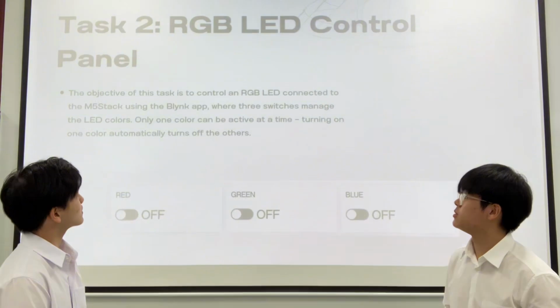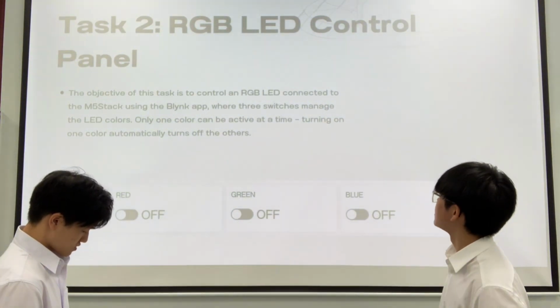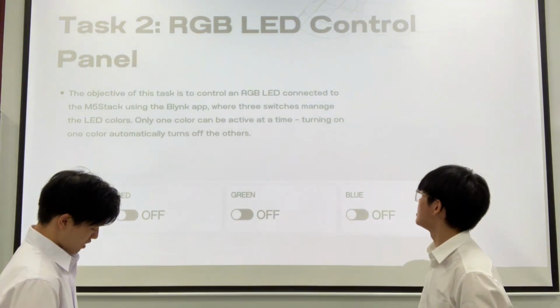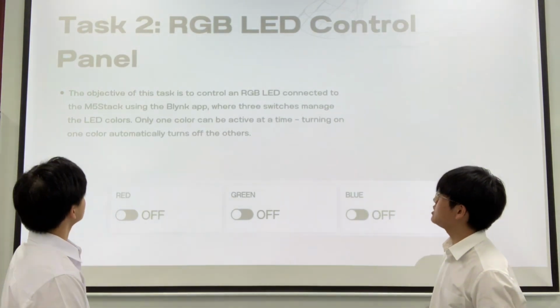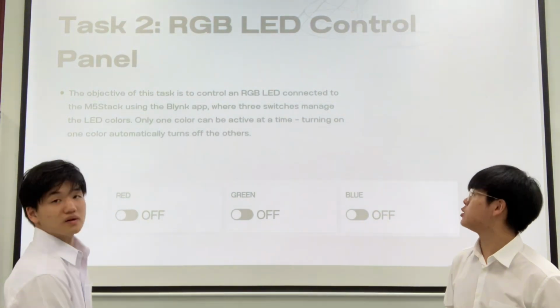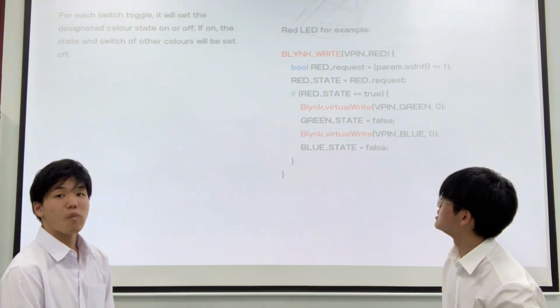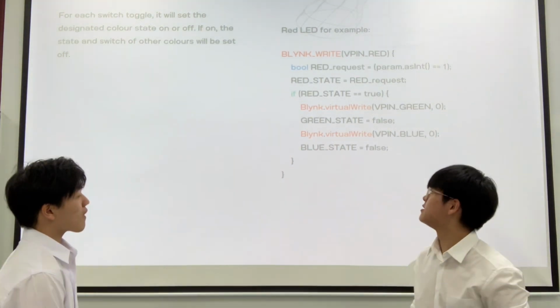Now for task 2, the objective is to control the LEDs connected to the M5 Stack using the Blynk app. Three switches manage each color of the LED, and one color can be activated at a time. When turning on one, the other colors will be turned off. For each switch toggle, set the designated color state to on or off.